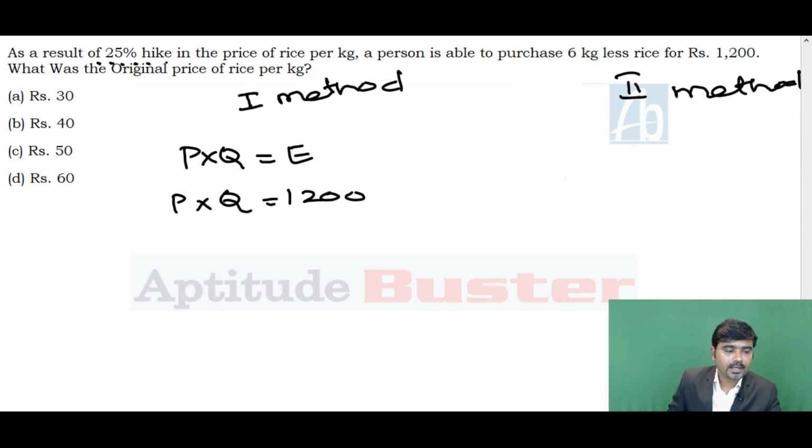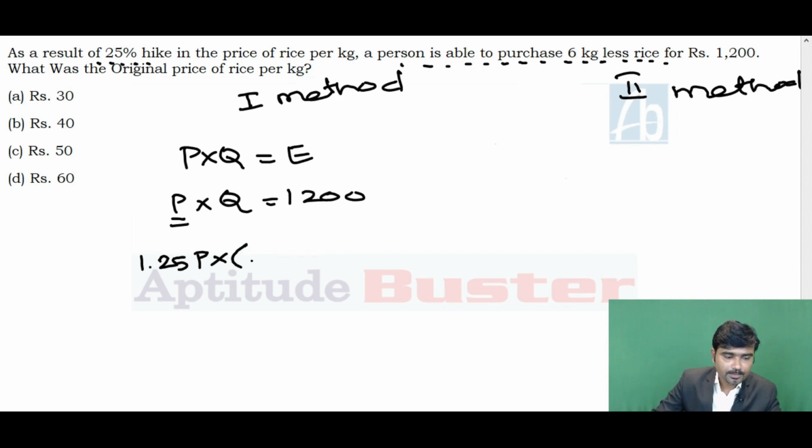It's given. The price is increased by 25%. Now we assume the price as P. Now the price is increased by 25%. That means 1.25 of the previous price into quantity. A person is able to purchase 6 kg less rice for 1200.